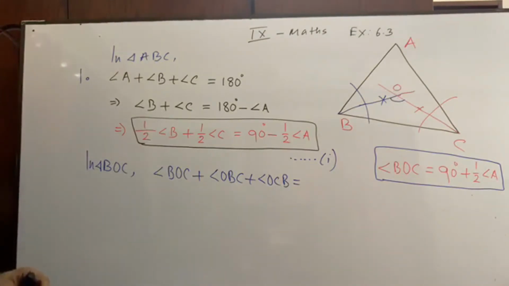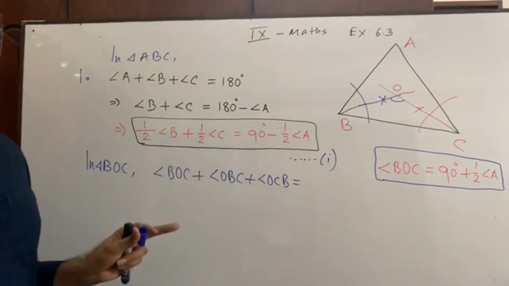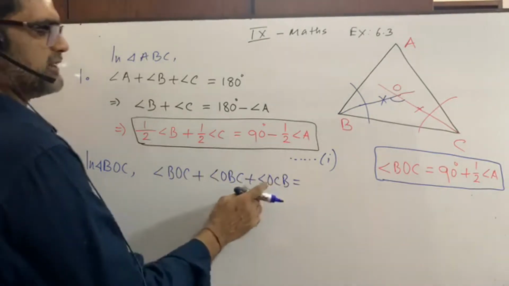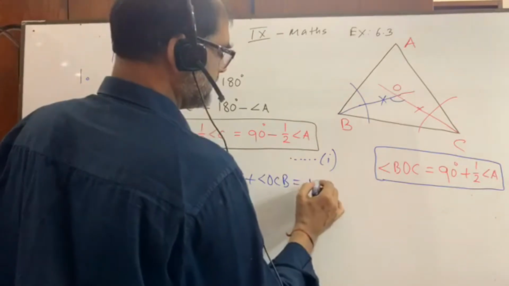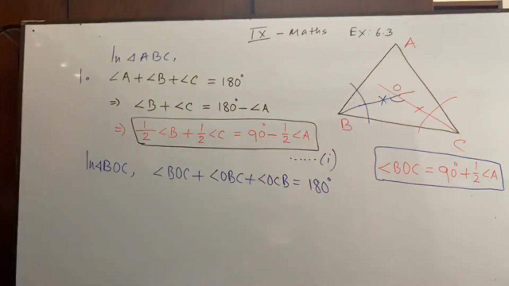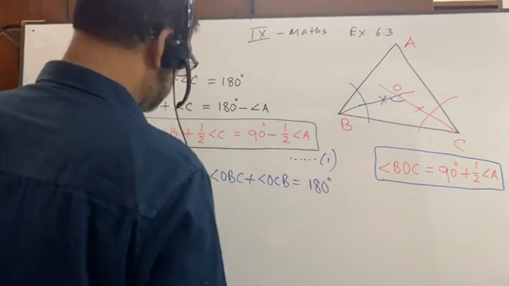Again it is a triangle, right? Yes, it is. And in this triangle, the sum of the three angles is also 180 degrees, right? That's good.